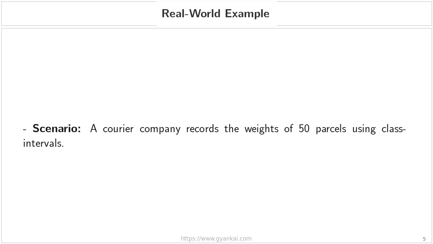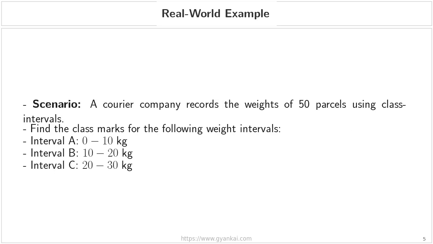Real-world example. Now that we have covered the theory and the formula, let's put this into practice with a real-world scenario. Imagine a courier company is managing a large shipment of 50 parcels. To make the data easier to handle, they haven't recorded every single exact weight, but have instead grouped them into class intervals. Our task is to apply the formula we just learned to find the class marks for 3 specific weight intervals.